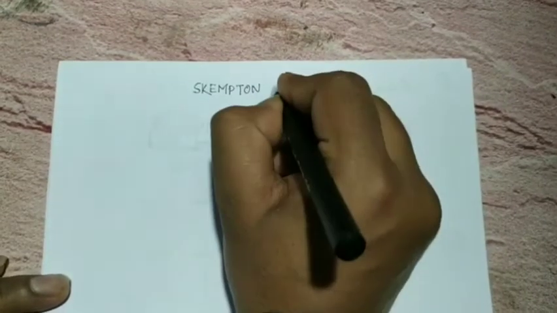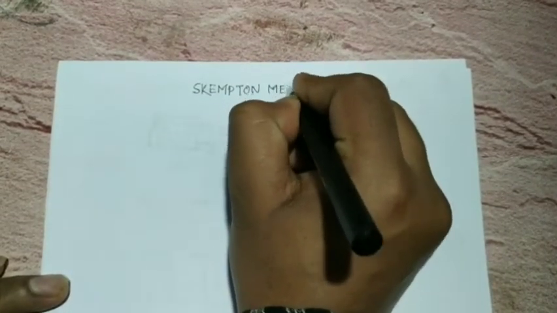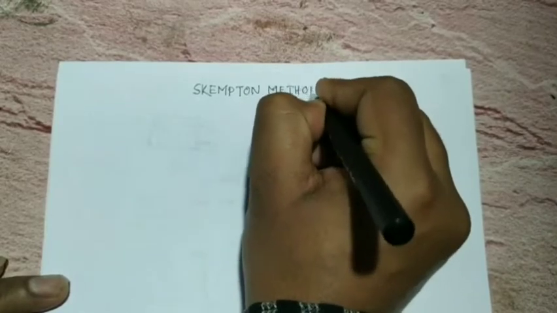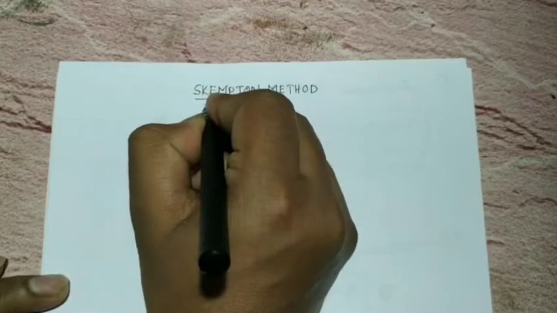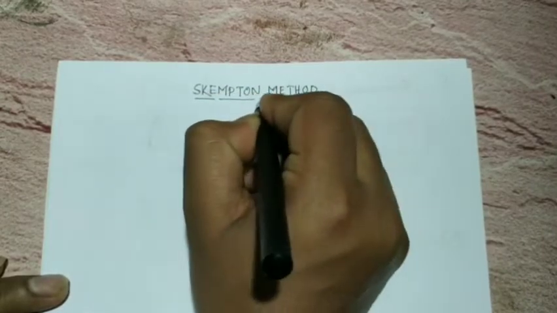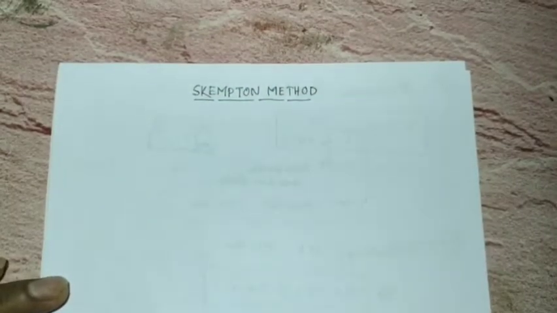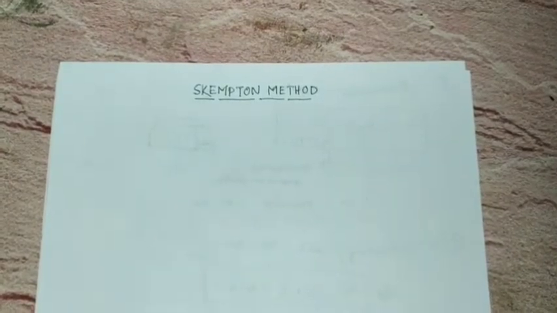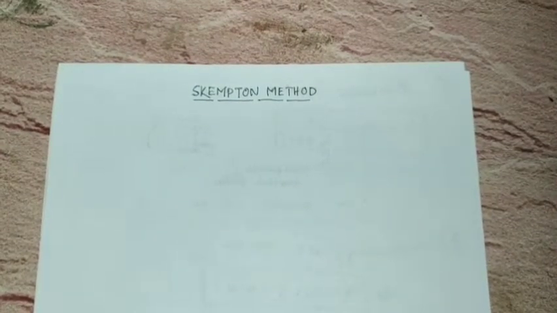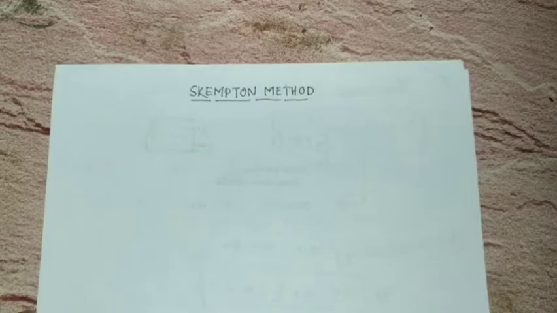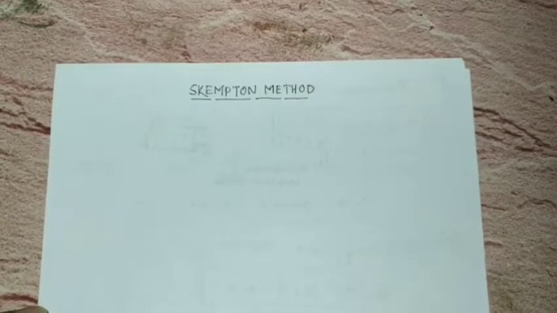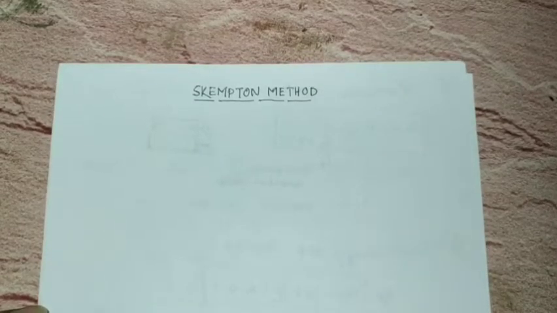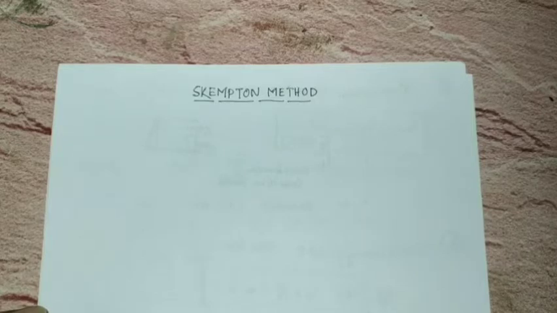Skempton method. To calculate ultimate bearing capacity, there is another method called the Skempton method. In the Terzaghi method, there were some assumptions, like he assumed strip footing and calculated the ultimate bearing capacity for shallow foundation.